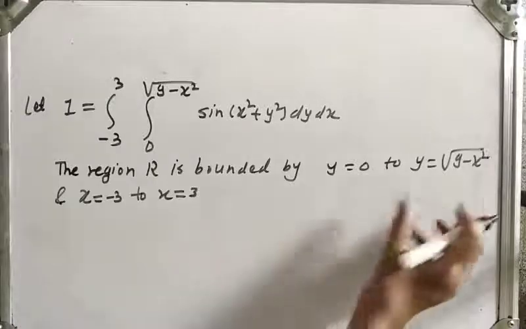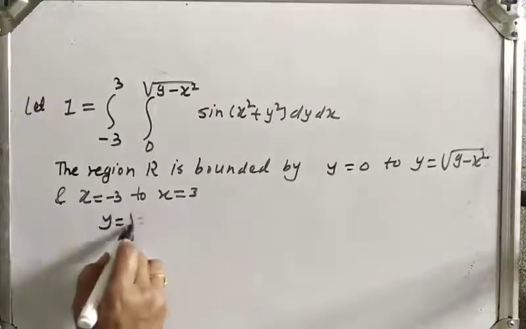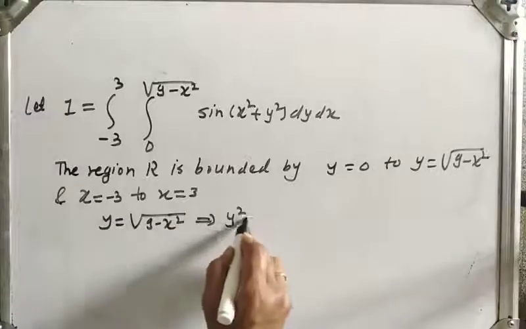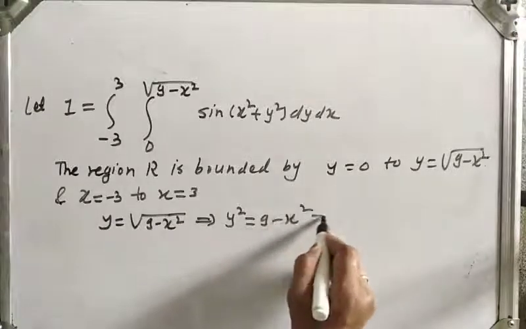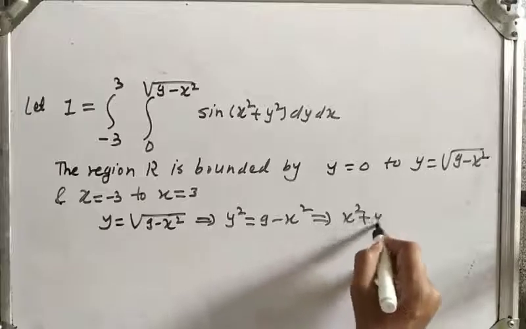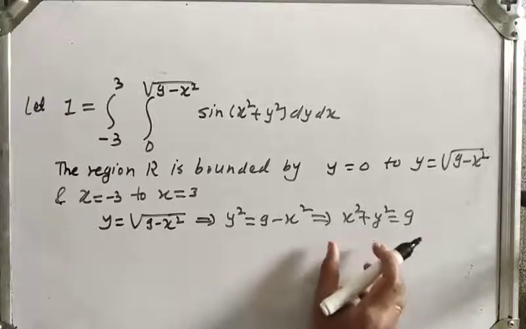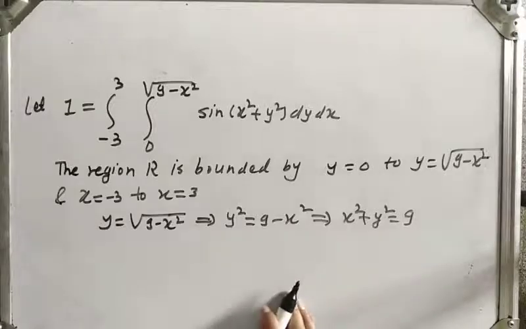Now from the equation y equal to square root of 9 minus x square, what does it mean? y square is equal to 9 minus x square, that is x square plus y square is equal to 9, which means it is a circle with center 0, 0 and radius 3.